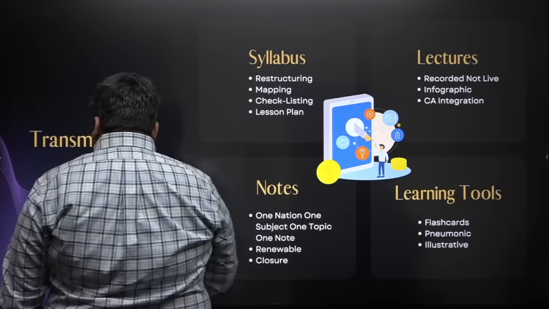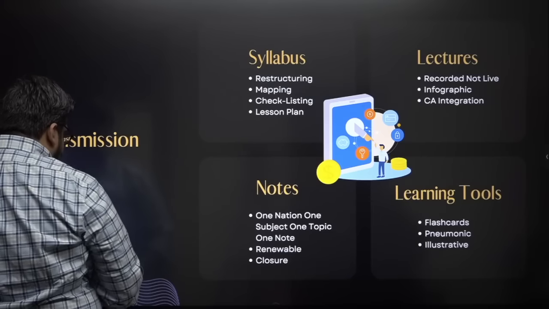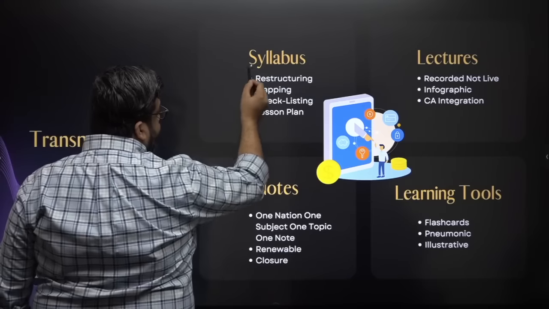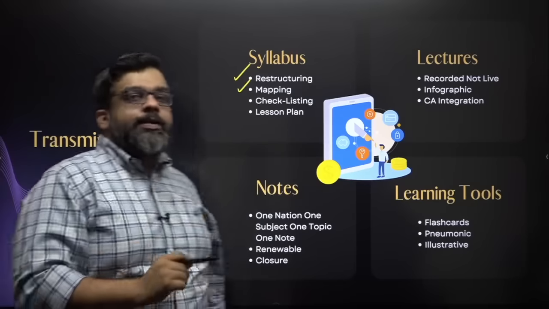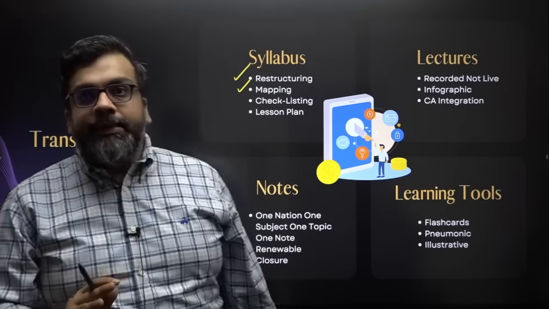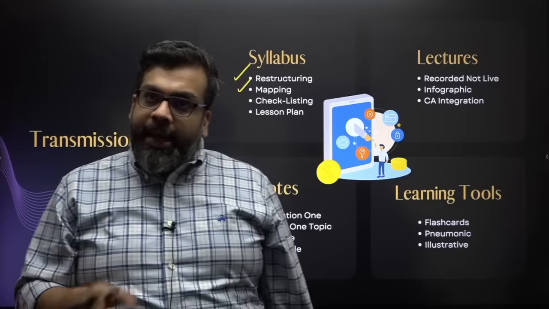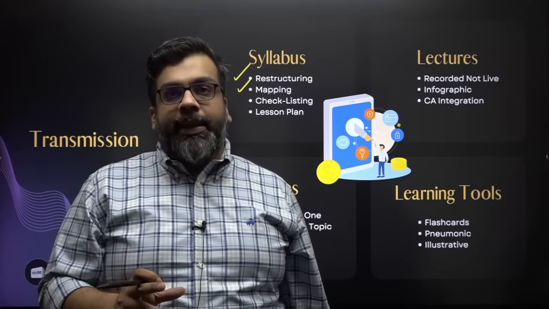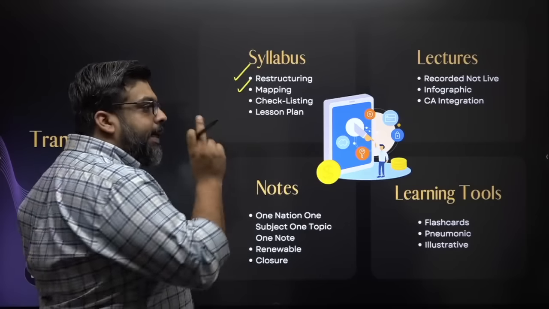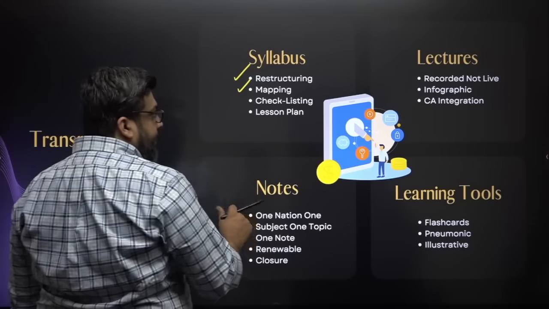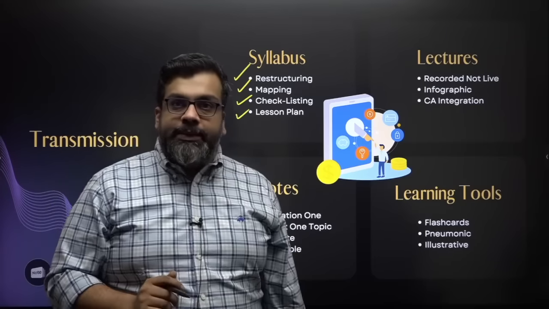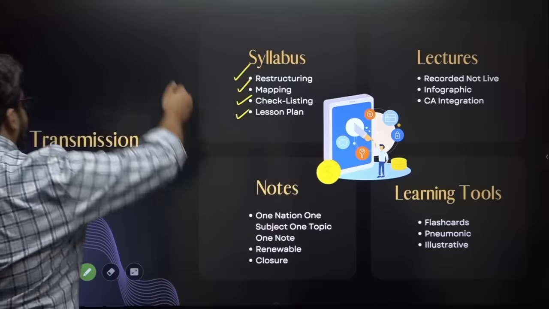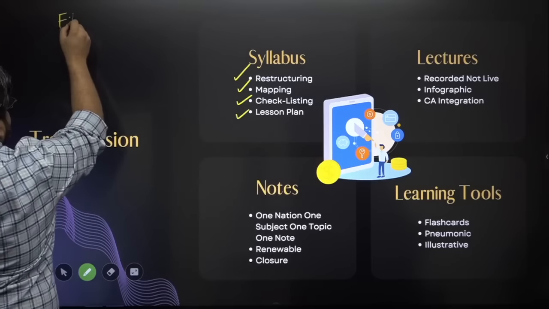So once the syllabus has been structured in a logical form, then the syllabus will be mapped to previous year questions. Past 10 years for the prelims and 2013 onwards for the mains. And after that mapping has been done, you will be given a lesson plan with a checklist. For example, let us say it's fundamental rights.